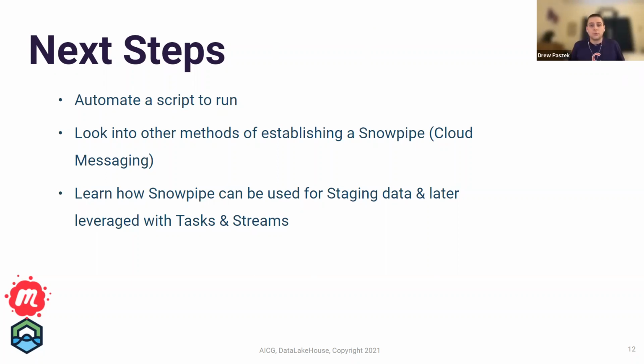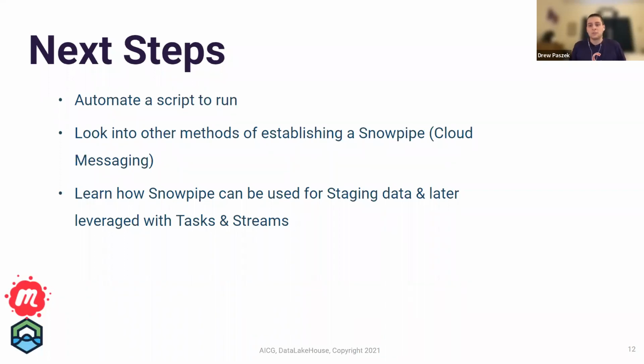if this was your first time learning about Snowpipe, the next step is, now you know how to automate a script to run it. This was a bit of a learning experience for me. I had used Snowpipe before, but not from the standpoint of the Snowflake REST API and with AWS Lambda.